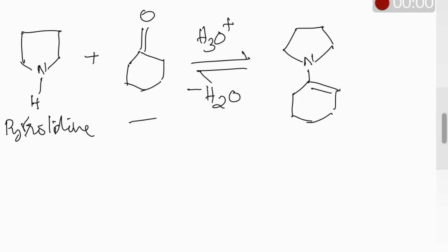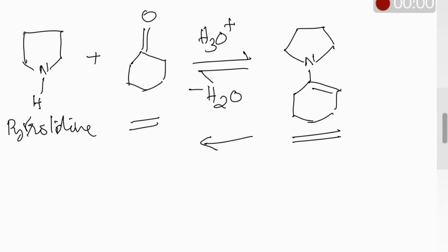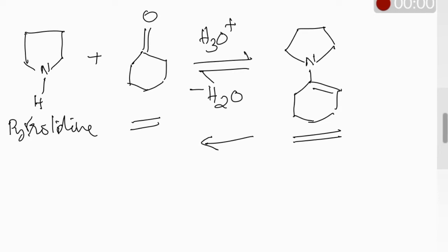It reacts with an aldehyde to give enamine, and this is a reversible reaction. So the production of enamine could be reduced because it is a reversible reaction.